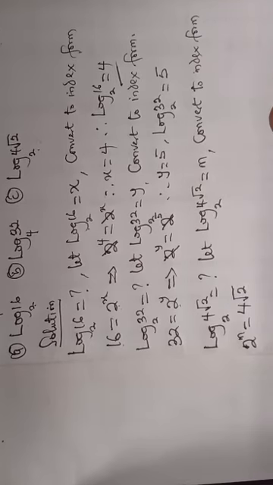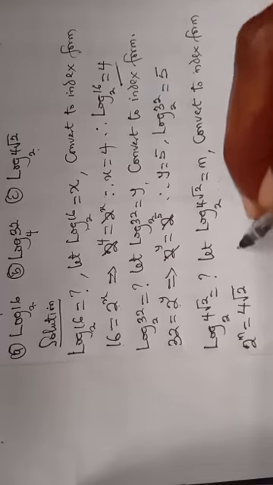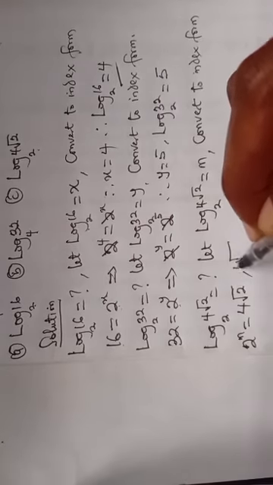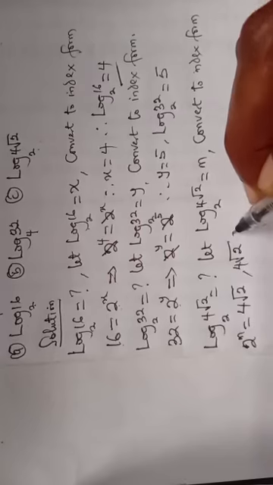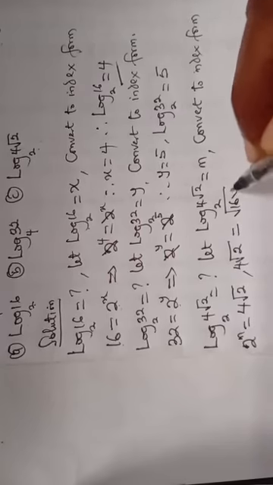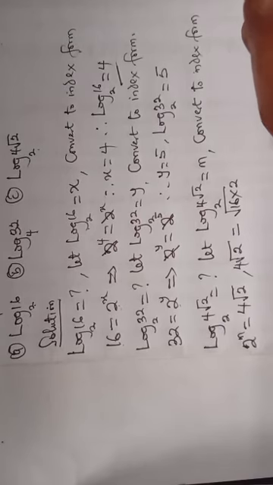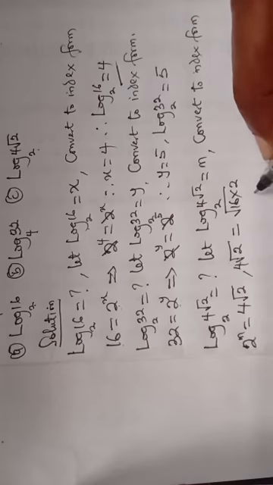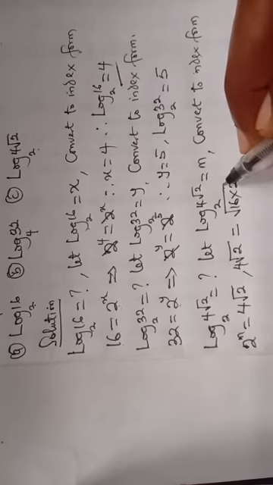Now, according to the rules of surd, 4 root 2 is the same thing as saying the square root of 16 times 2, in the sense that these two are inside the square root now.